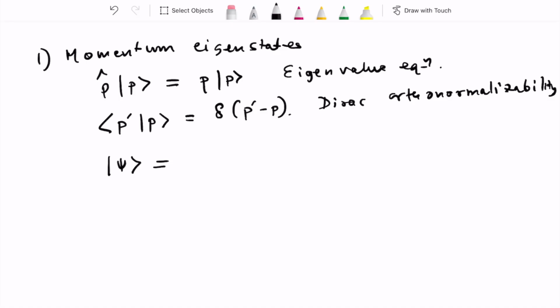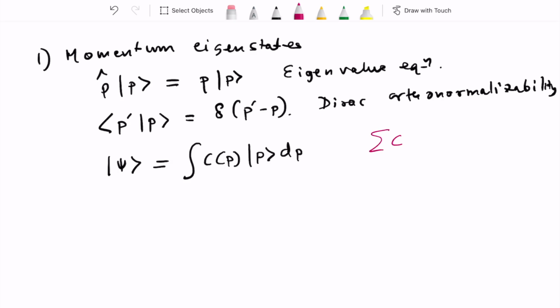So in other words, it's going to be the integral of c(p)|p> dp. So that means we are taking each eigenstate, giving it a coefficient. That coefficient is c(p) dp, and then adding them all up. The analog of this, if we had discrete eigenstates, would be a sum.